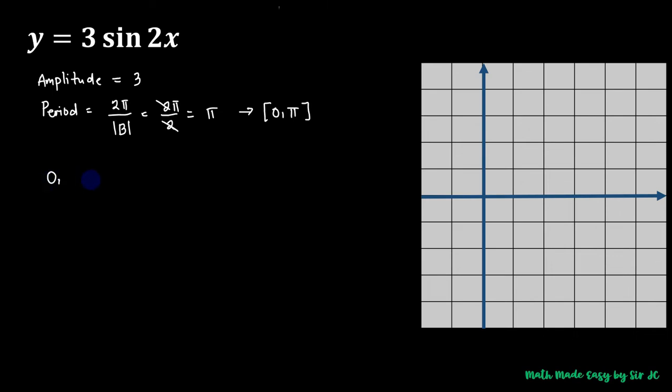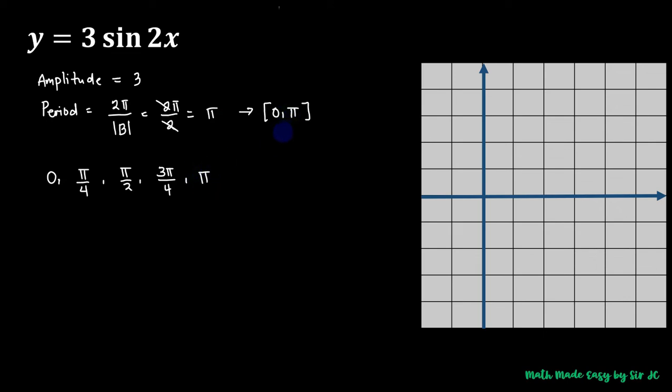So 0 plus pi over 4 is pi over 4. Then pi over 4 plus pi over 4 is equal to pi over 2. And then pi over 2 plus pi over 4 is 3 pi over 4. Then 3 pi over 4 plus pi over 4 is equal to pi.